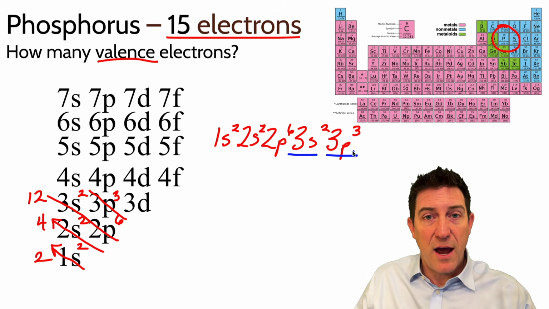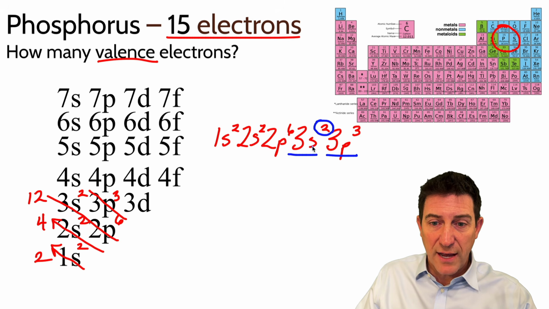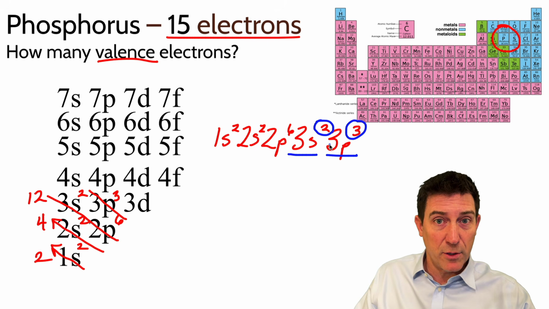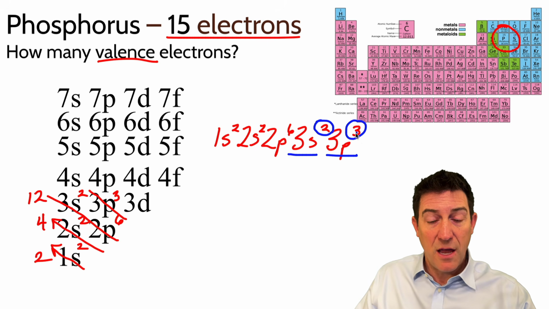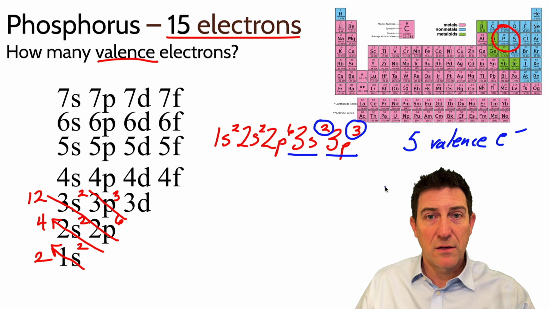How many electrons do we have living there? Well, there are 2 electrons living in the s orbital in the third energy level, and 3 electrons living in the p orbital in the third energy level. So that means we've got a total of 5 valence electrons.